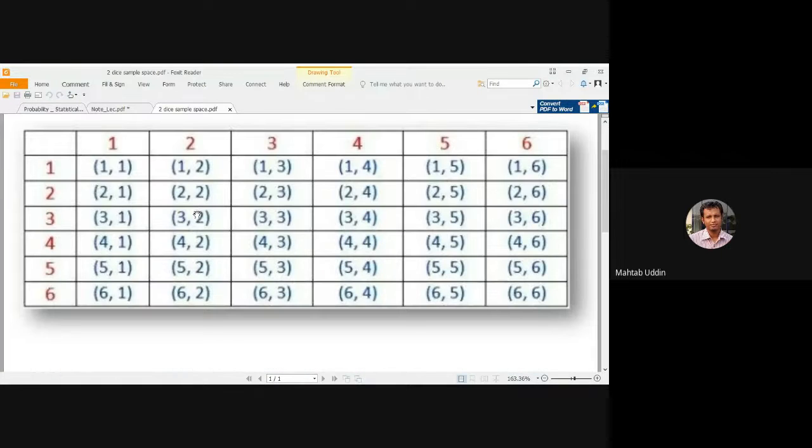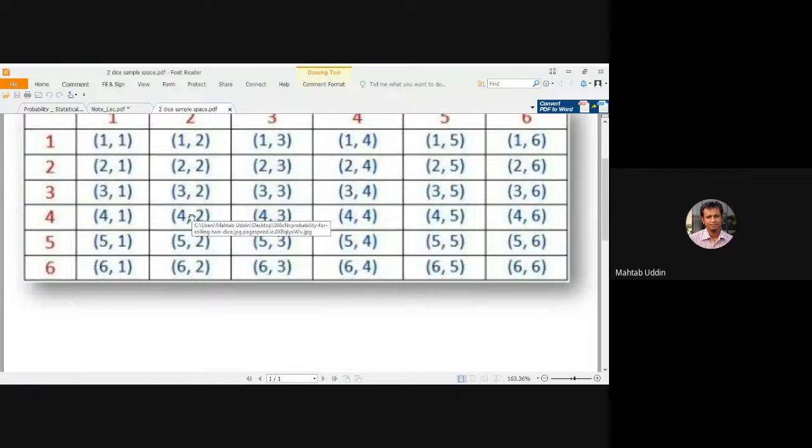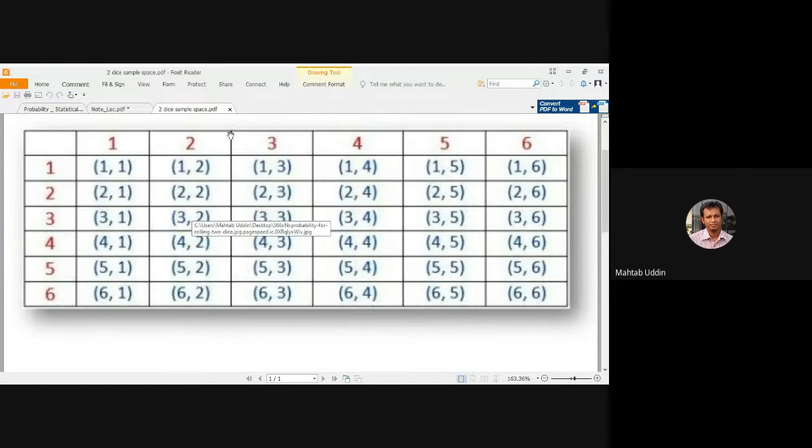You can find this in the drive, okay? There's a sample space for when 2 fair dice are rolled. Can you see? If we roll 2 dice at a time, we get how many total outcomes?